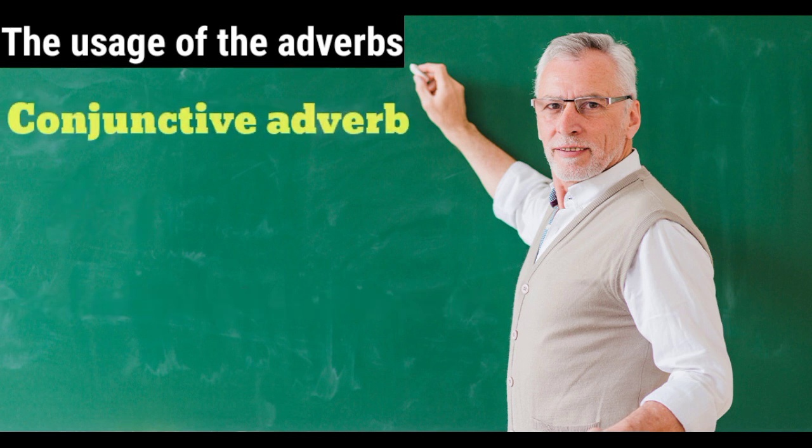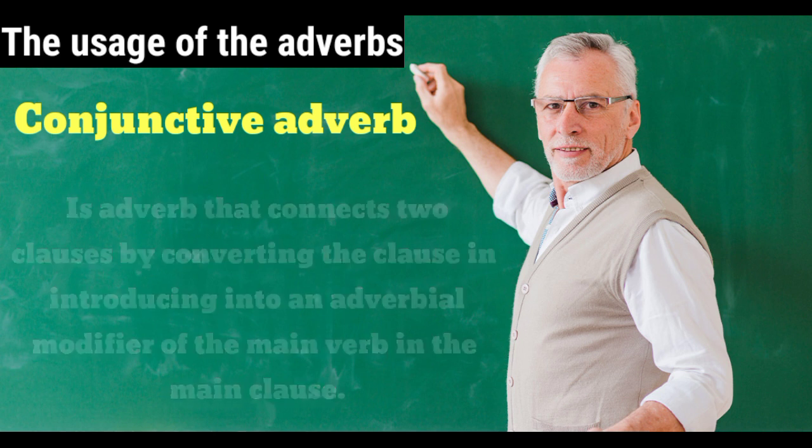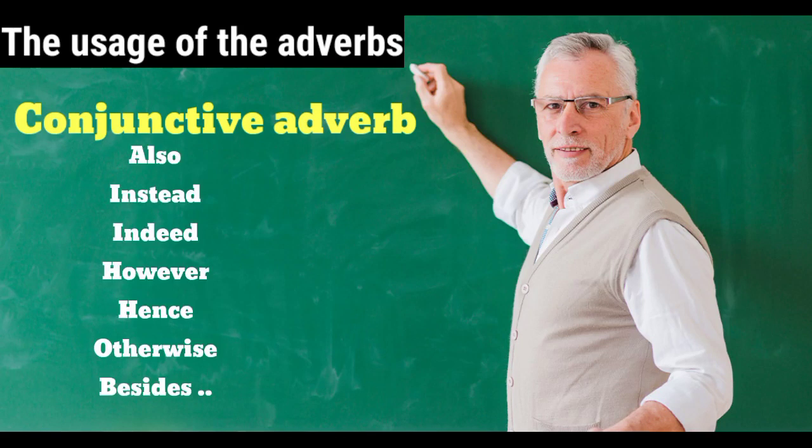Conjunctive adverb. A conjunctive adverb is an adverb that connects 2 clauses by converting the clause it introduces into an adverbial modifier of the main verb in the main clause. Let's see some conjunctive adverbs.